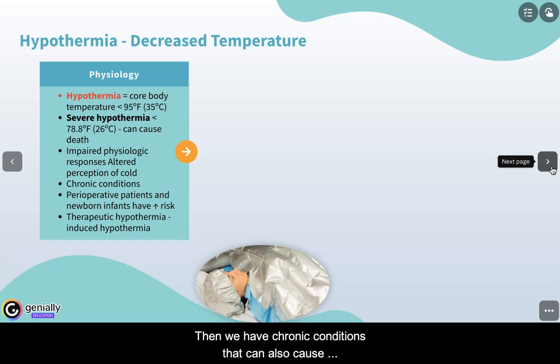Then we have chronic conditions that can also cause hypothermia in some people. Pre-op patients and newborn infants have a high risk of hypothermia. Right? Therapeutic hypothermia is induced hypothermia, sometimes to treat medical emergencies or for surgery. Some patients are put into an induced hypothermic state.